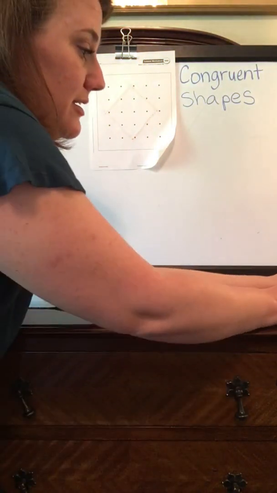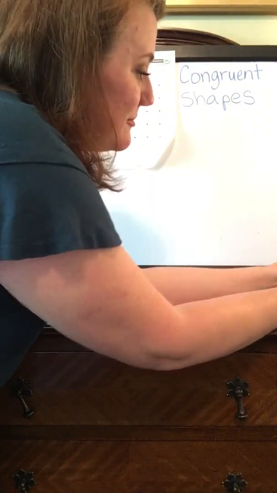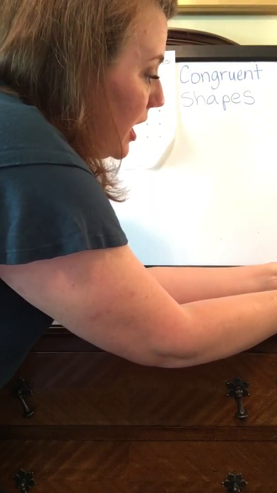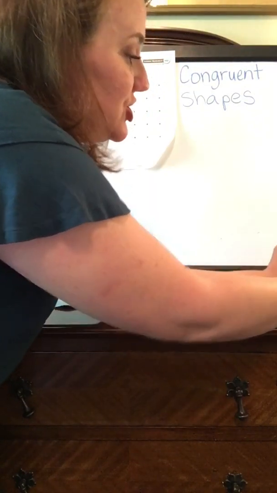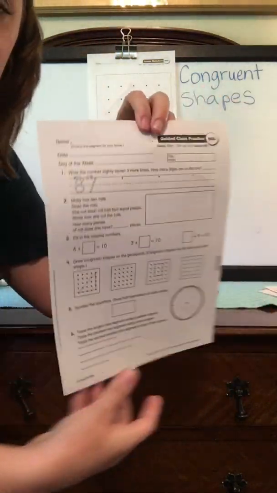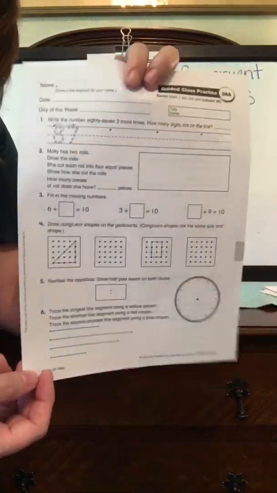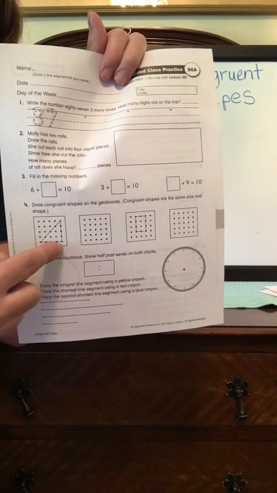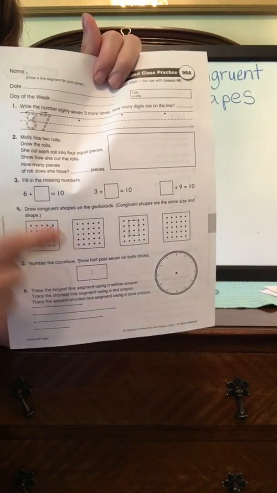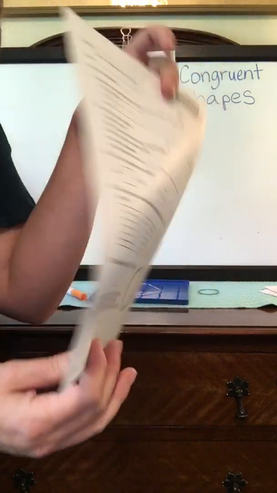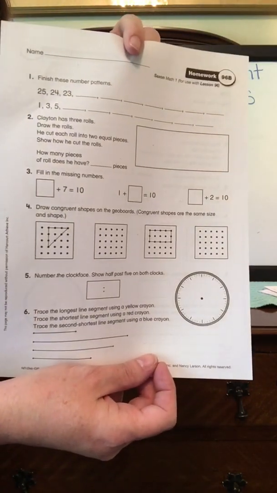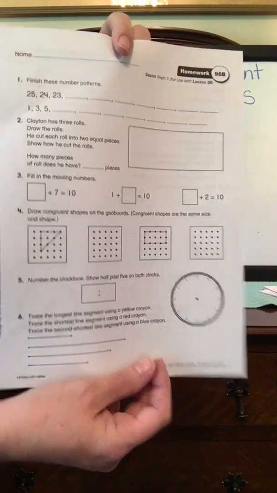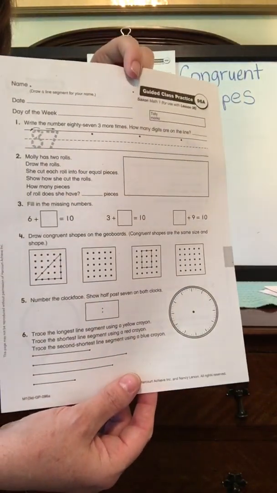And then, eventually, on your worksheets, it's going to ask you to draw a congruent shape, and you can count the pegs just like we did and draw it over here. There's some on the front and on the back. These are just triangles and rectangles, but those aren't a whole lot of fun.